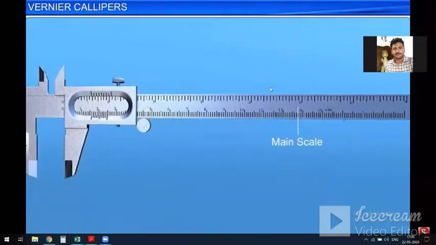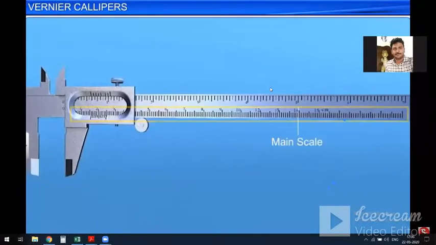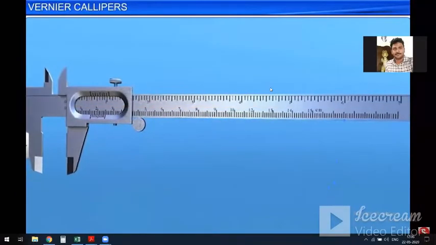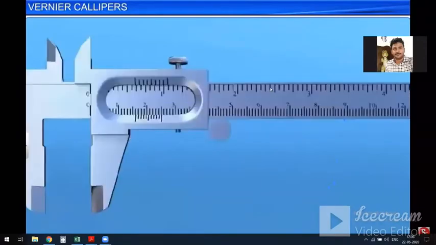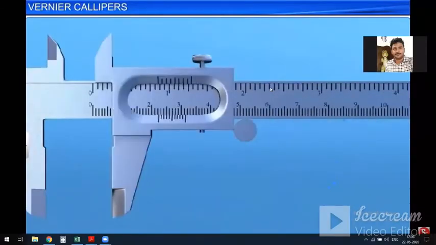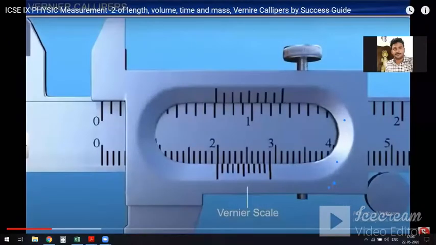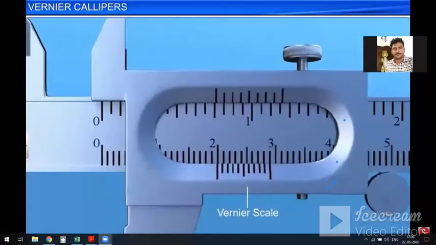The main scale is graduated in centimeter and millimeter. The other scale, which slides along the main scale, is called the vernier scale. The vernier scale is graduated in divisions that are less than 1 millimeter.